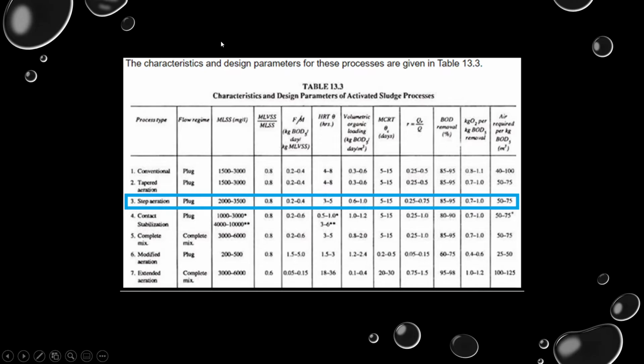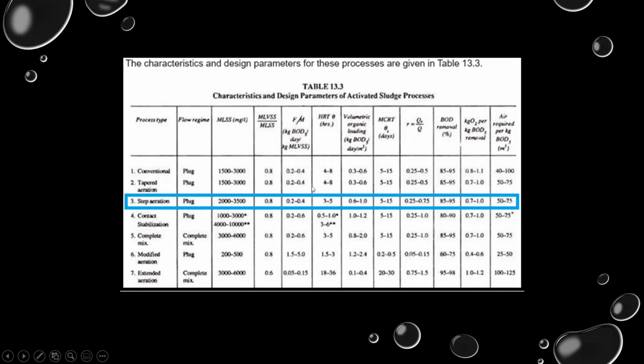At ang kanyang MLSS or mixed liquor suspended solids is from the range of 2,000 to 3,500 milligrams per liter. Ang ratio niya sa kanyang mixed liquor volatile suspended solids to mixed liquor suspended solids is 0.8.